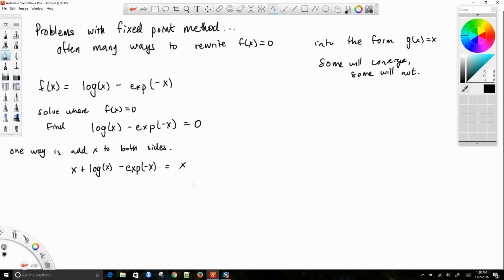And then we would call this g of x, and we're just going to find fixed points of g of x. But when we do this, we'll find that this doesn't actually converge. The problem is this will not converge.